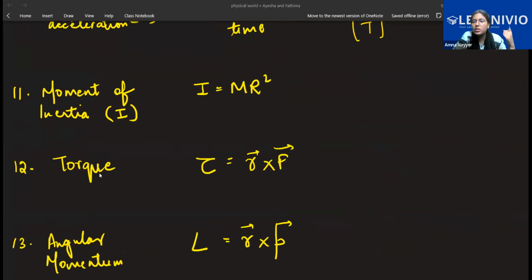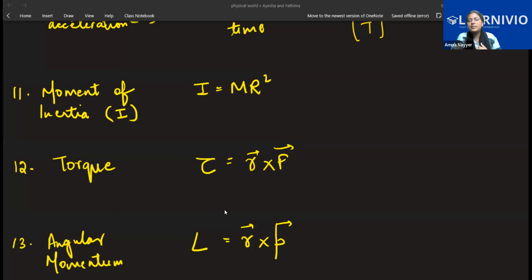Force is not responsible for rotating the blades of the fan; torque is responsible. Similarly, mass becomes your moment of inertia. Linear momentum becomes angular momentum. Like linear acceleration became angular acceleration, linear displacement, angular displacement, linear velocity, angular velocity.